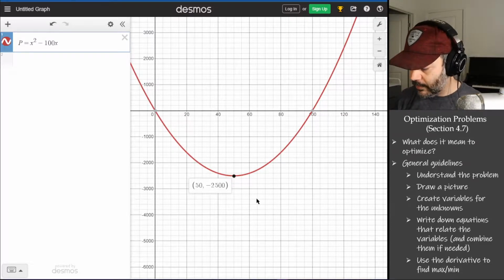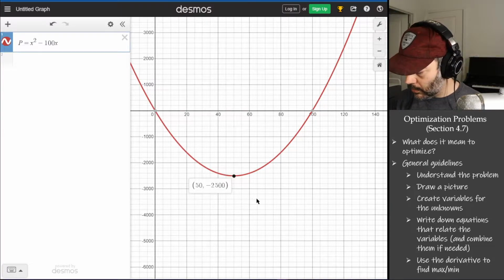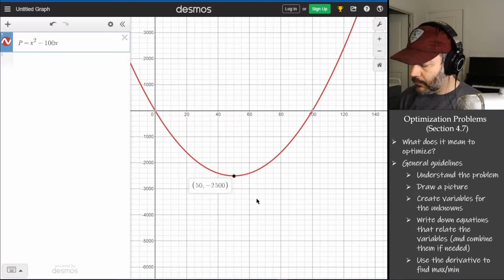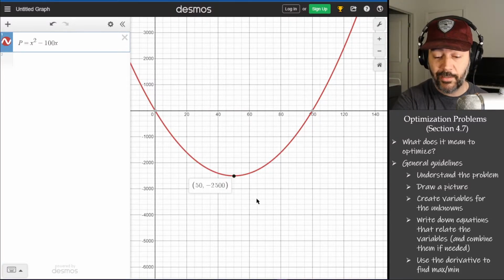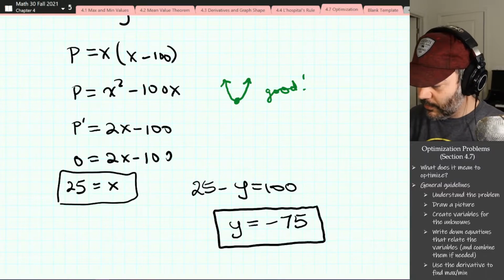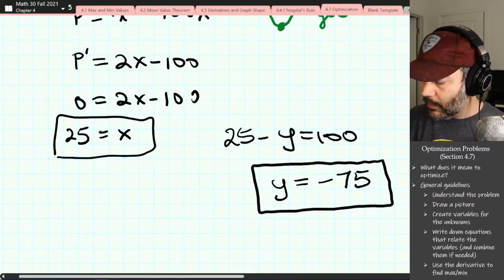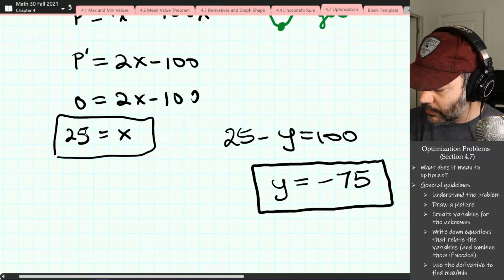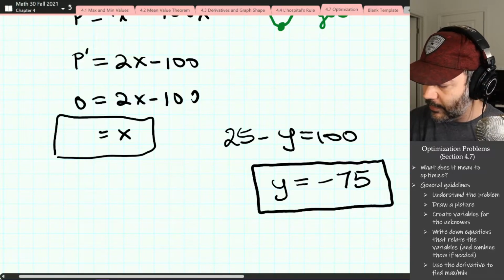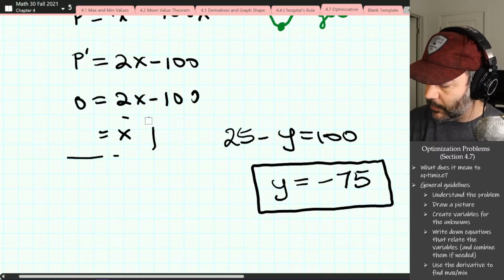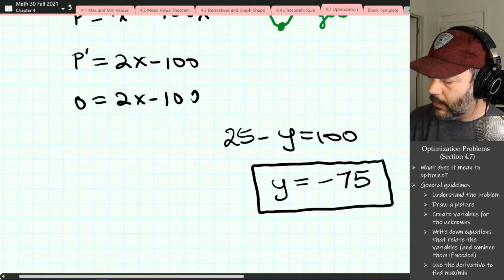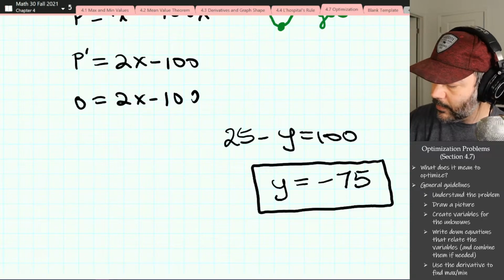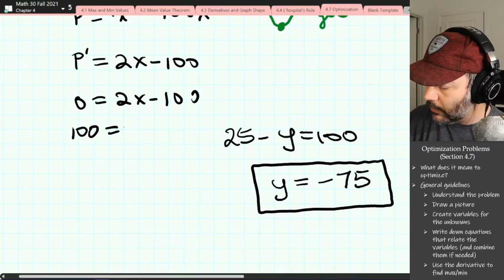And so that, good thing I checked my answer. I did some arithmetic incorrect. So I just realized that I double divided in my head. That's what I get for skipping steps. And add 100 to both sides, and I get 100 equals 2x, x equals 50.